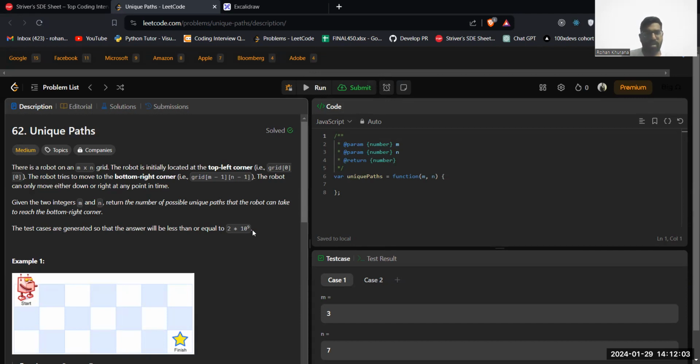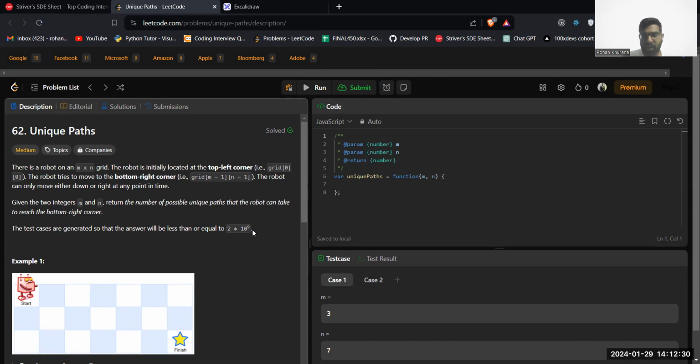But this question needs you to understand what dynamic programming is and what recursion is. I will not write the dynamic programming code here or the recursion code, but I'll make you understand how you can hit this question with recursion, and then you can convert it into dynamic programming. We'll go till memoization.